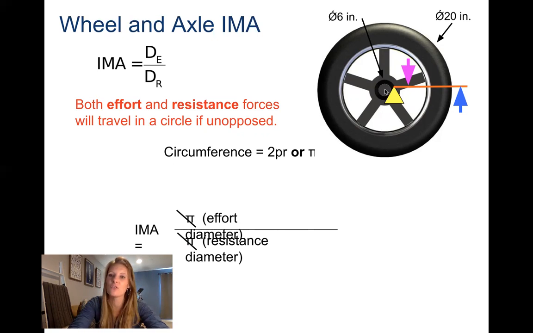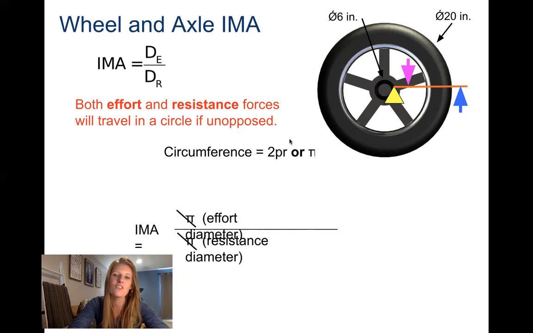It has the 6 inches. So I take that circumference. That is going to be my effort, okay, my effort. And then I put that over the circumference of my resistance. If I'm putting the force on the axle, that's what I would do. So I would have 6, you can do the 2 pi r, those end up canceling out because we're talking about wheels for both of them.